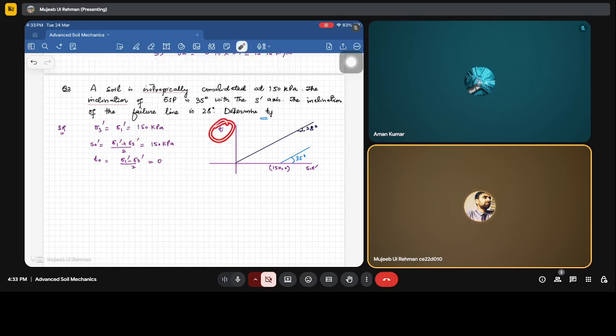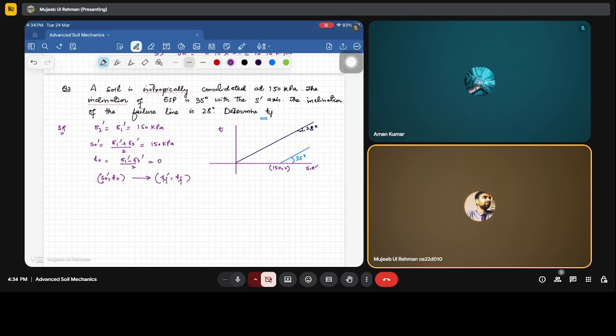Now using this, the relation between the T and S, our T final can be written as follows. For example, due to the loading, if S naught and T naught are the initial points, the final state is SF dash and TF dash. This is the change that has occurred due to the loading.